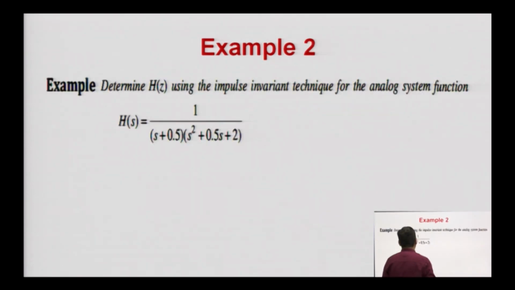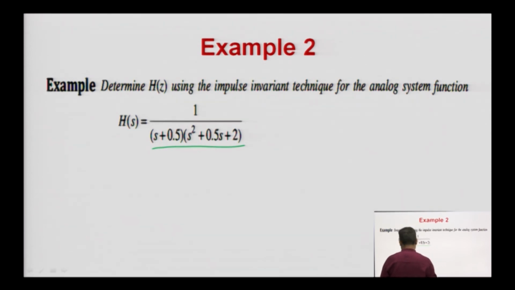Next, let us see another example. Now you have to determine H(z) by using the impulse invariant technique for the analog system function H(s) is equal to 1 upon (s plus 0.5) into (s square plus 0.5s plus 2).